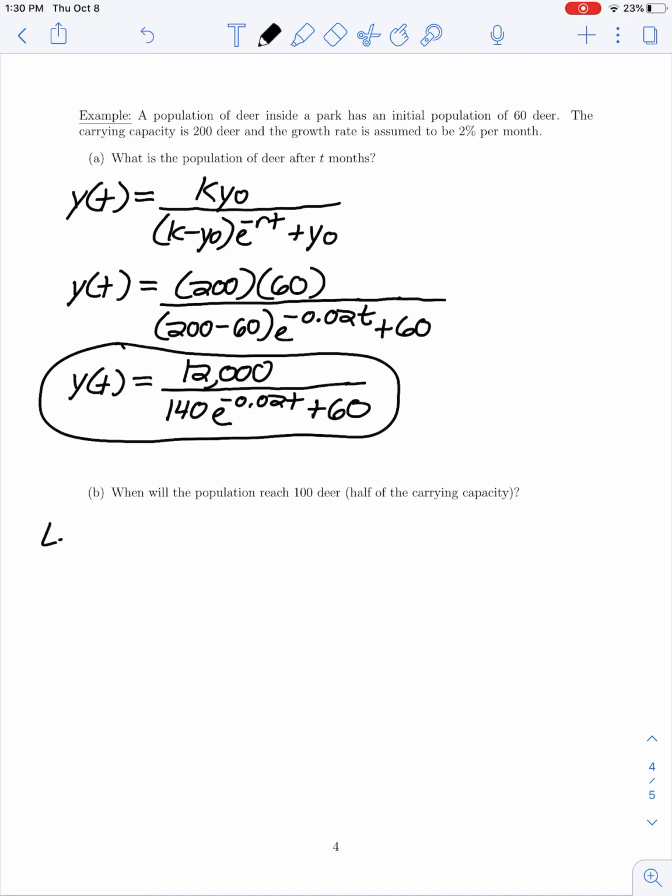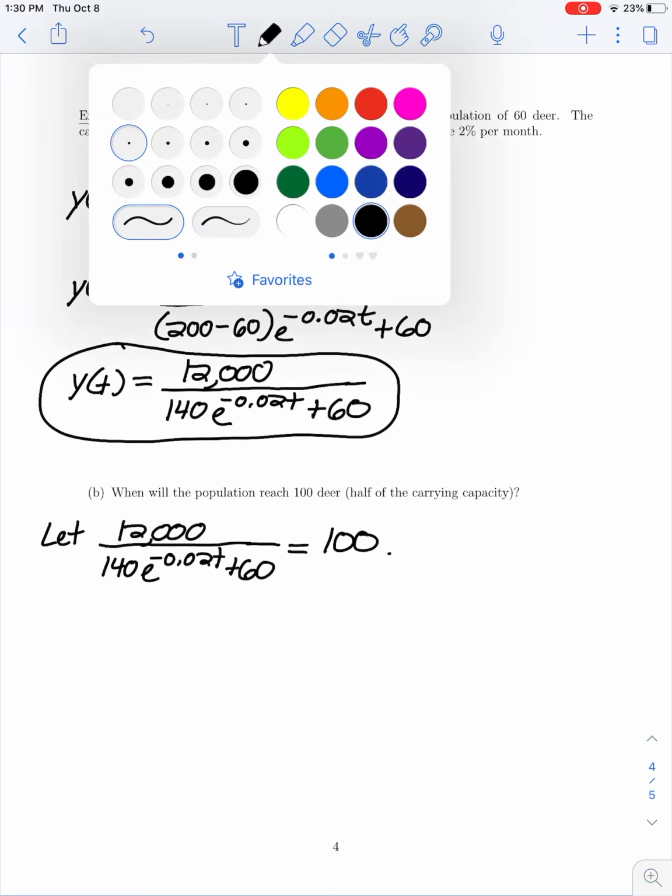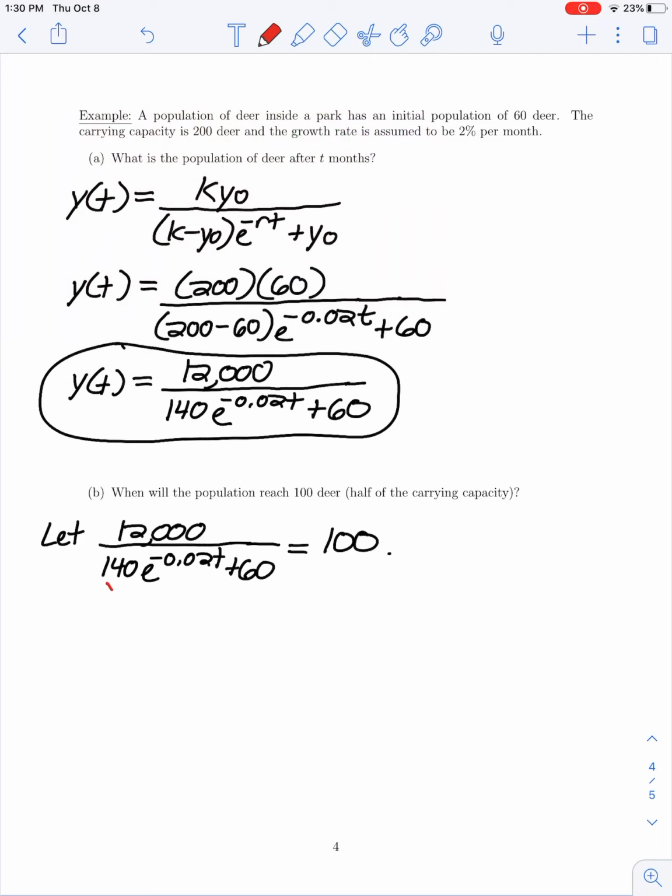So in order to determine that, we would take our function that we just found for population size, and we would set that population size equal to 100, and now we want to solve for t. So as we did with the previous example, we could start by multiplying both sides of our equation through by this denominator, and then dividing both sides of our equation by 100.